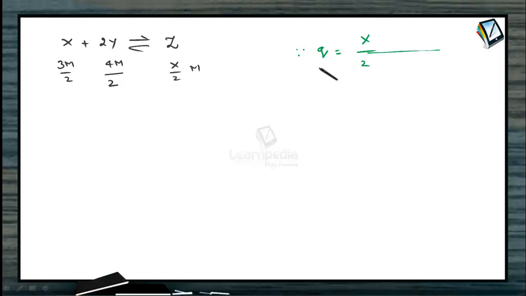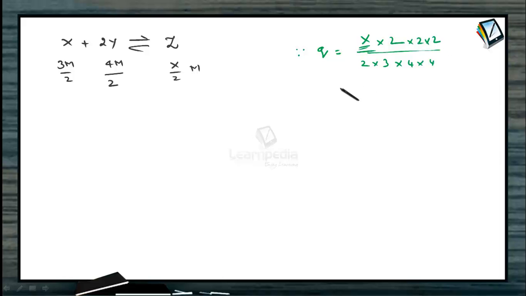Here remember this x which we have assumed as the concentration of Z is different from the original substance X. Then the concentration of original X is 3M by 2, which can be written as 3 into 2, and then 4M by 2, that is 4 squared by 2 into 2.